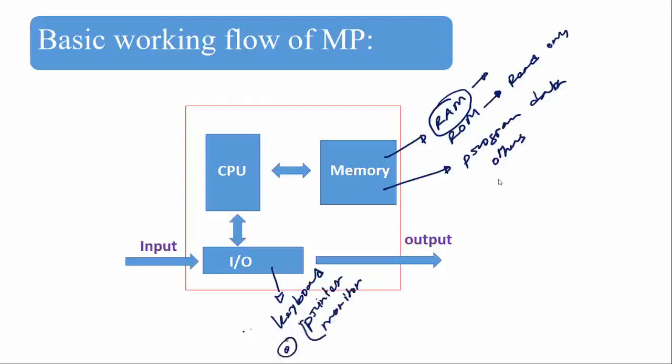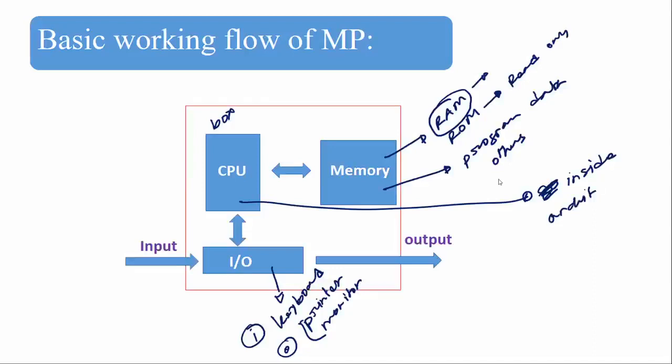So today we will try to learn about the memory, how it is segmented, and what the structure of the memory of 8086 is. And in the second part of the class we'll go inside the architecture of 8086.